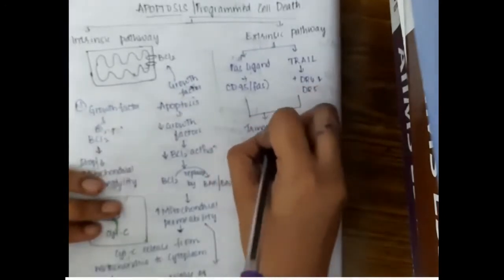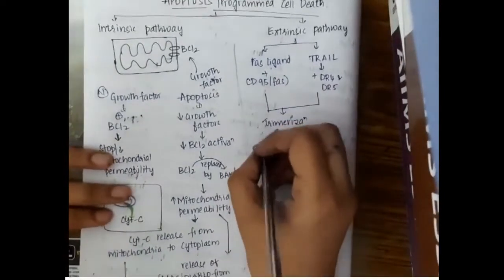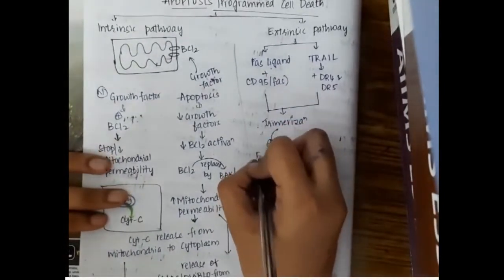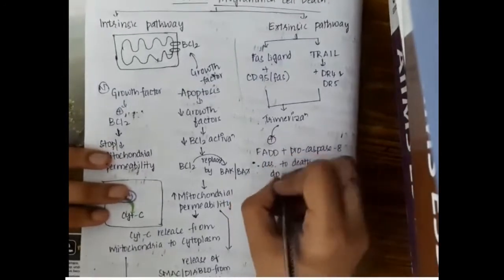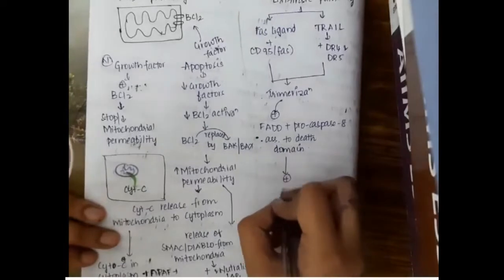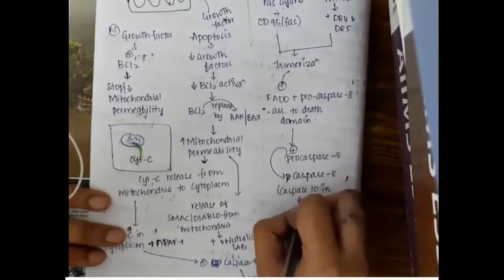Both these will cause trimerization, and FADD, that is Fas associated death domain, is activated along with procaspase. Fas associated death domain is activated due to the trimerization of Fas ligand. So, this will convert procaspase 8 to caspase 8. Remember, procaspase 8 is not present in humans.